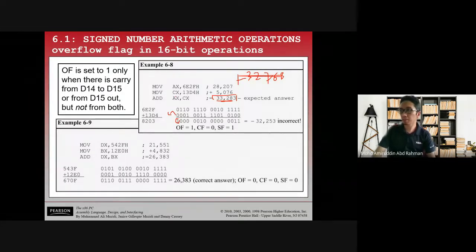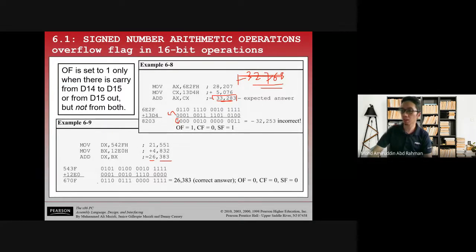As we mentioned, you only have the limit of a 16-bit register, so the other part of the calculation must be done within the memory. We have a number here, the addition is 26383, which is less than this. Of course, it will be a correct answer.